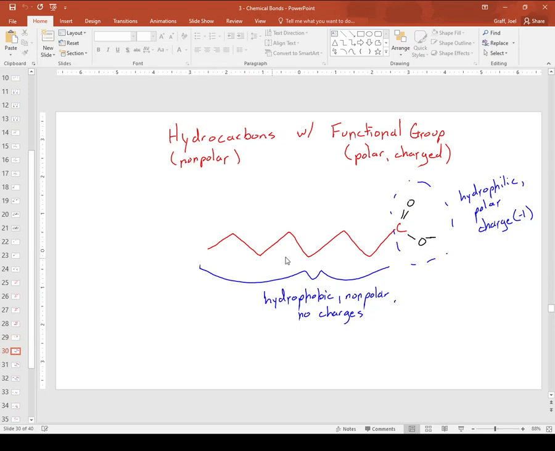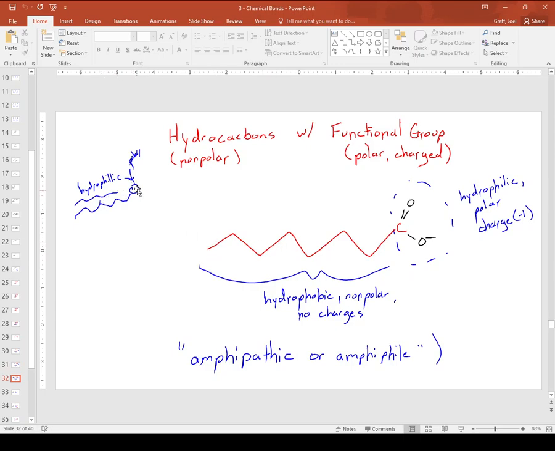Here we're reminding ourselves that this part is hydrophobic. This part is hydrophilic because it was either polar or charged, depending on what the pH is. And because of that, this is a molecule that has a combination of both hydrophobic and hydrophilic regions. And so we call those molecules amphipathic or amphiphiles. I don't know if I'm saying that completely correctly, but that's the word you would use to describe molecules that have both properties.